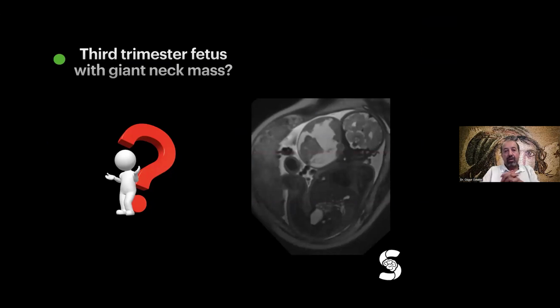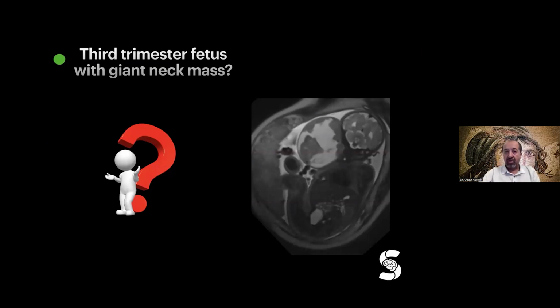And this will be the last case. I will conclude my presentation with this final question. This is an exceptionally large mass, nearly equal in size to the fetal head. It's located on the lateral aspect of the neck.